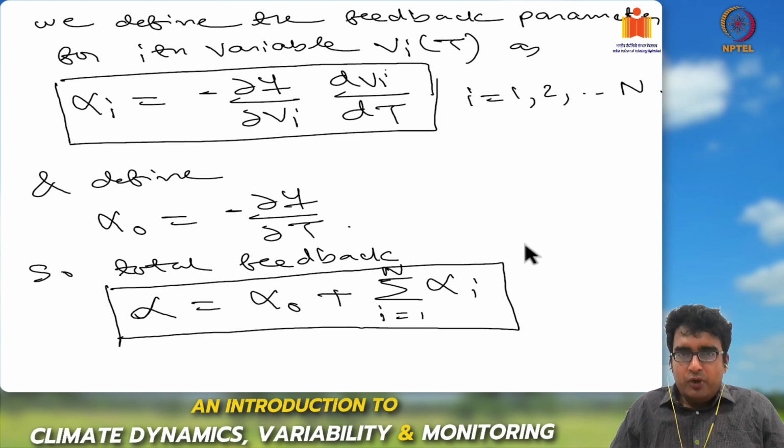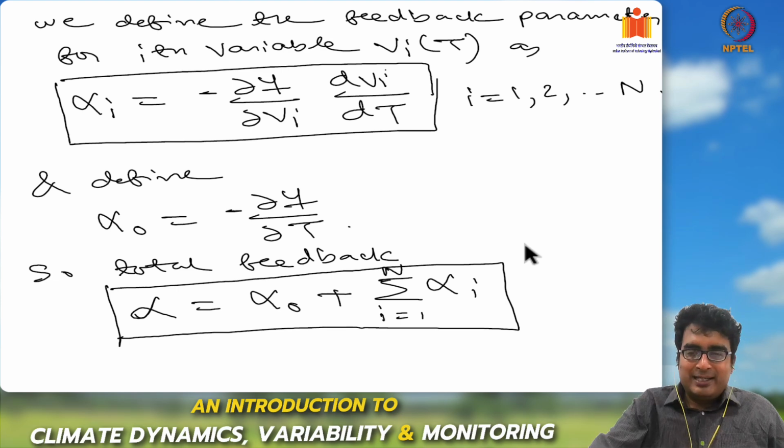In the more generalized version, we saw that apart from the direct dependency of the feedback parameter on temperature, we can also have contributions from variables which impact the net incoming or outgoing solar radiation, but which are dependent themselves on temperature.